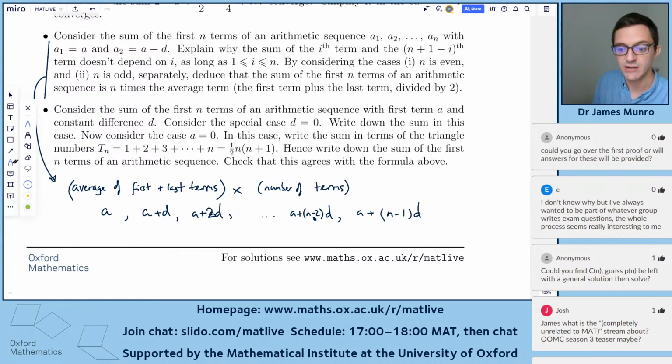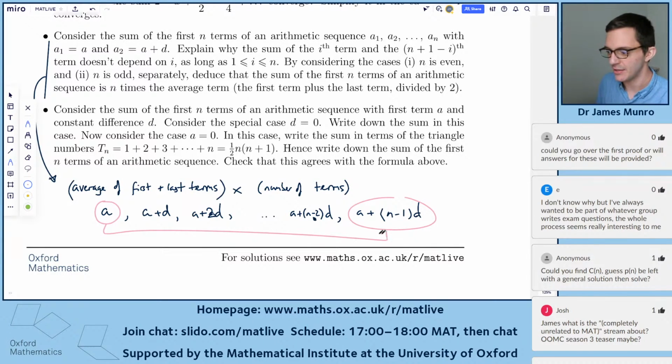Take your series, and here's what you do. Pair up the first term and the last term. Now, those add up to the first term plus the last term, so that's pretty good. Now take the second one in and the second one from the end, pair those together, and they add up to the same thing. So if you're trying to add up all of the terms, you can pair them up, and you know what the pairs add up to.